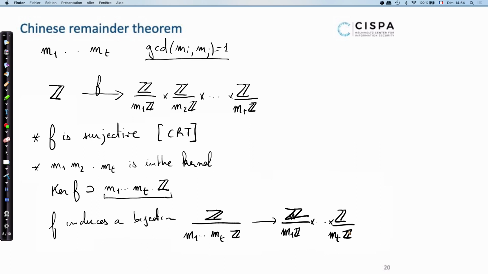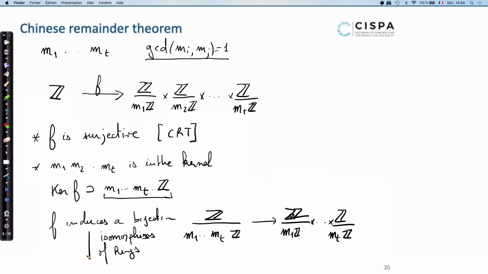And this bijection is a ring homomorphism. So in fact, it's going to be an isomorphism of rings. Good. So this is just a reformulation of the Chinese remainder theorem, or a corollary of it, but it's very useful.